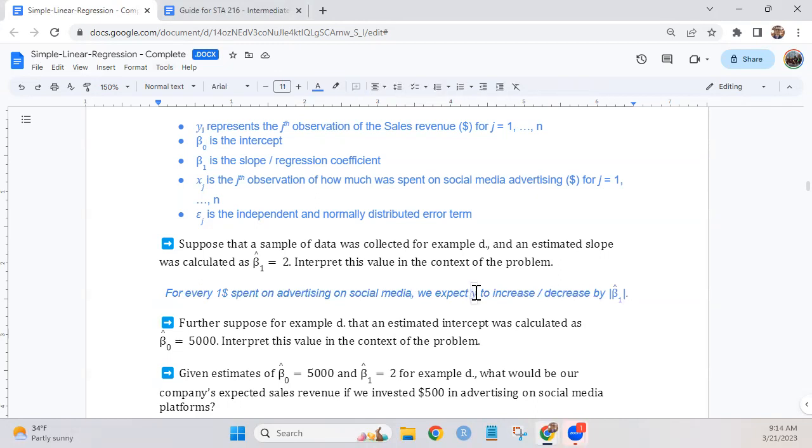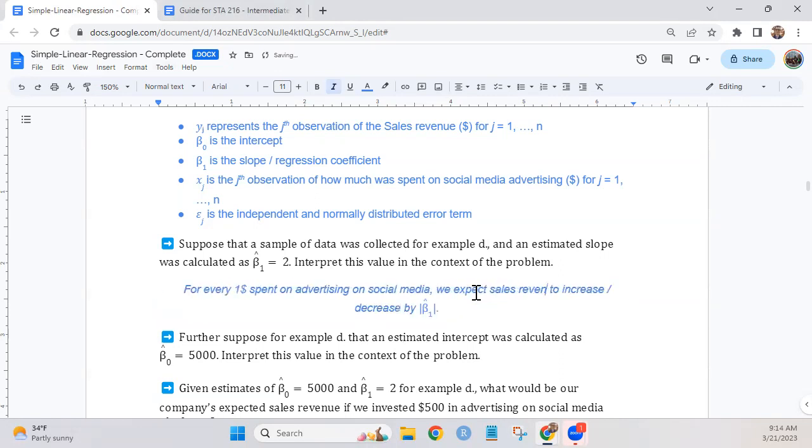Yeah, we expect sales revenue to increase or decrease by beta. So what should we say, increase or decrease here? Increase, yeah, because the estimated slope was positive.